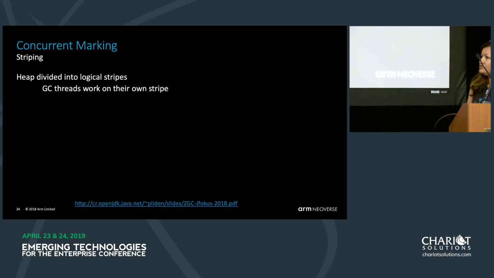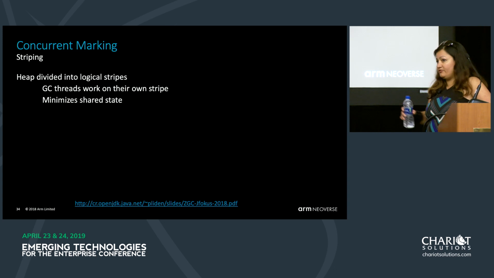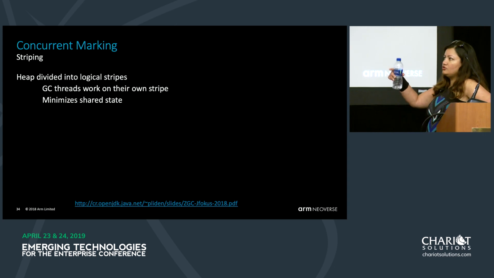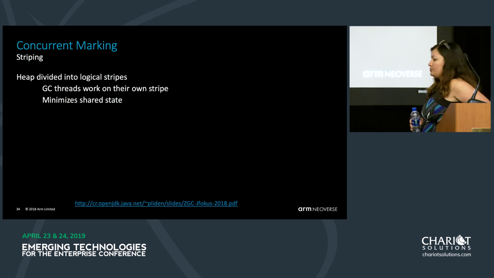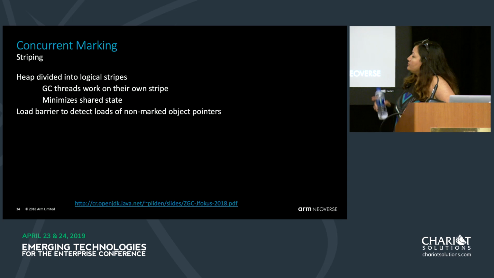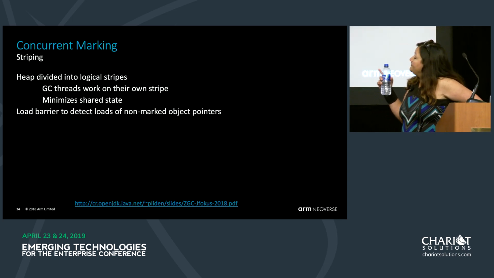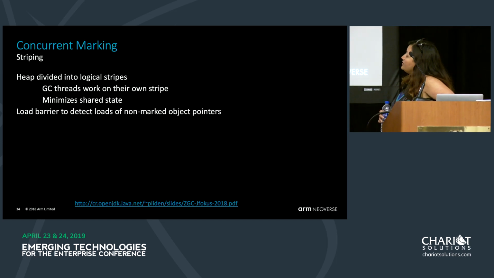Each GC thread gets its own stripe to work on, and you try to minimize the shared state between the GC threads. So you do local work and work as fast as you can without shared state in between. There is a concept of load barriers, and I'll talk more about that, to achieve concurrent marking.